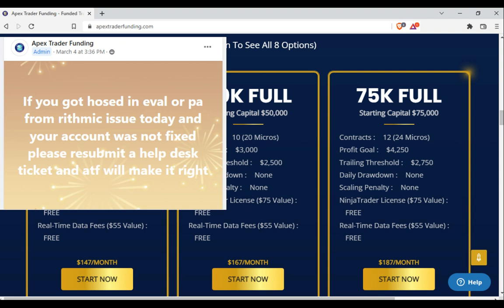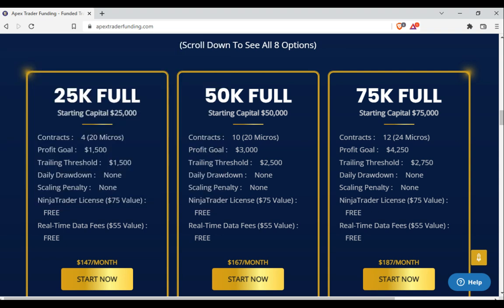And it says that if you got hosed during the evaluation or even a performance account due to a Rhythmic issue, they will make it right. All you have to do is submit a help ticket.